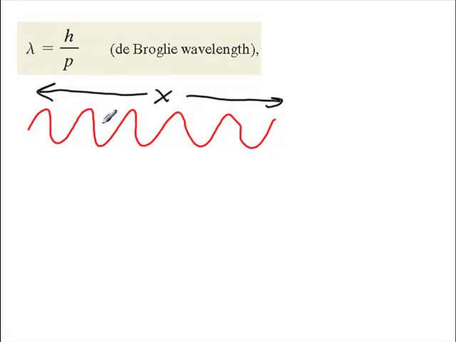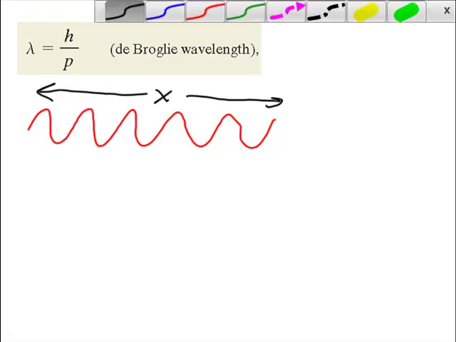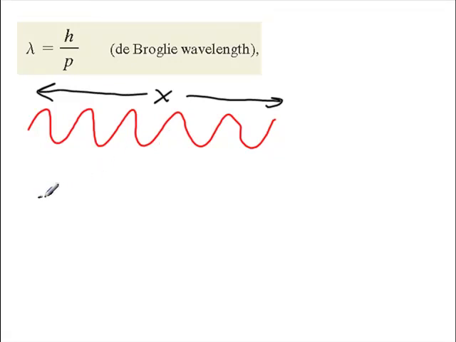Now I can add up several waves with slightly different wavelengths in a Fourier series, and I can get a wave packet that builds up and then comes back down. In this case, I've got a fairly well-defined position, not perfectly well-defined, but within a narrow range.